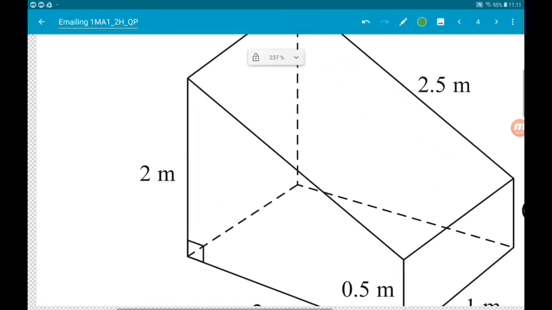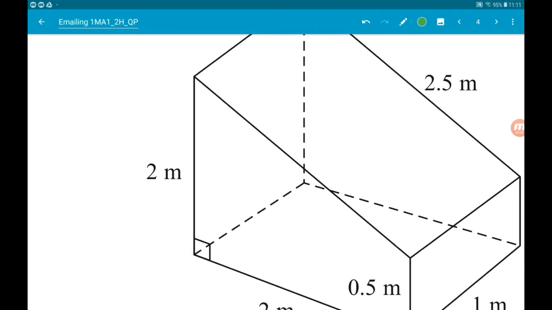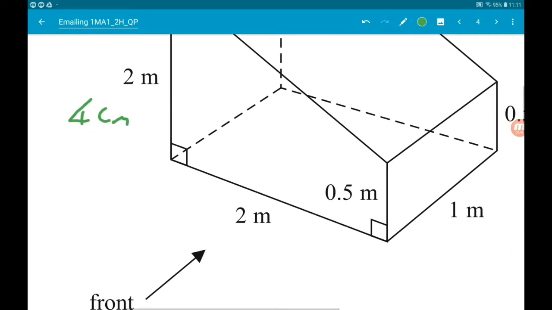So if 1 metre is 2 centimetres, 2 metres is 4 centimetres. And then the base is the same. And then we got 0.5 metres on the right. So if 1 metre is 2 centimetres, half a metre is 1 centimetre.